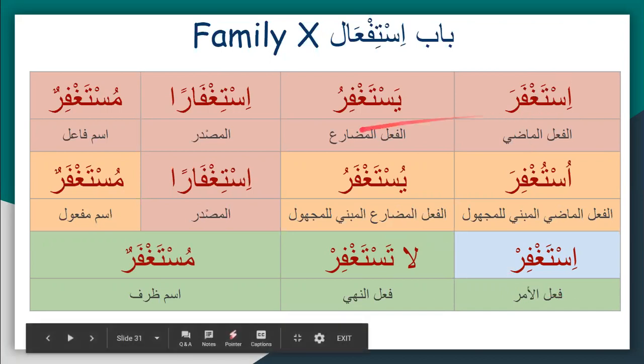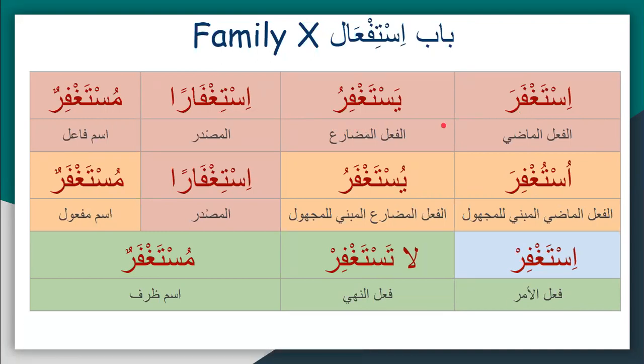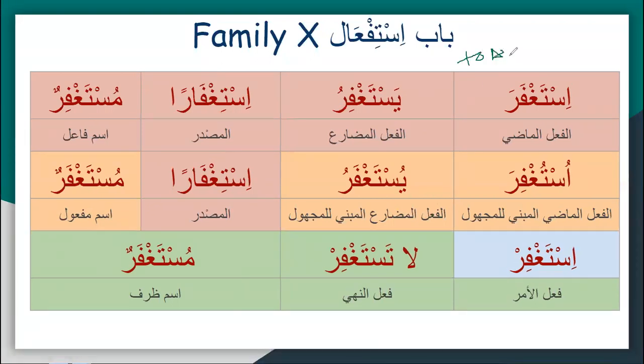I told you every time you have to memorize the first three words and then you can construct the rest of them on your own. So istaghfara means to ask forgiveness. The ist family, family number 10, always means to ask for something, to seek something. Ghafara means forgiveness, so ist means asking for forgiveness.